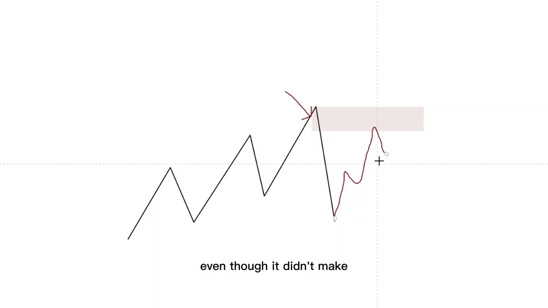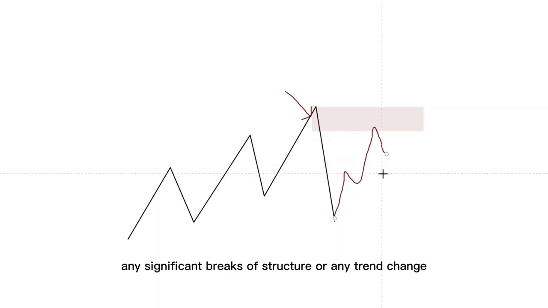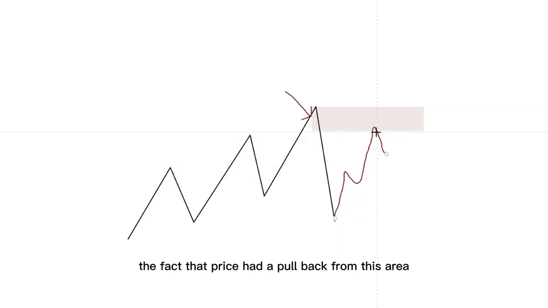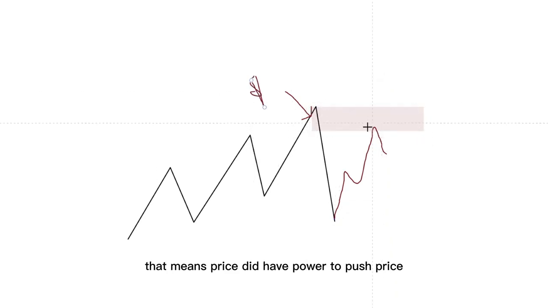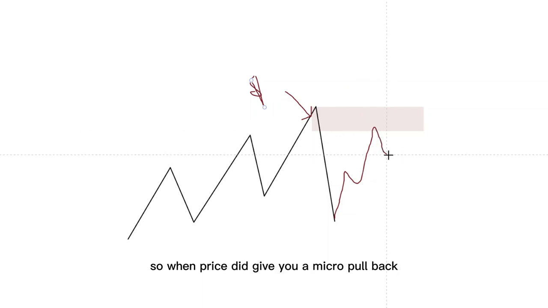Even though it didn't make any significant breaks of structure or any trend change, the fact that price had a pullback from this area means the sell orders in this area were valid. That means price did have power to push price. So when price did give you a micro pullback, price had to be purchased by the institutions.